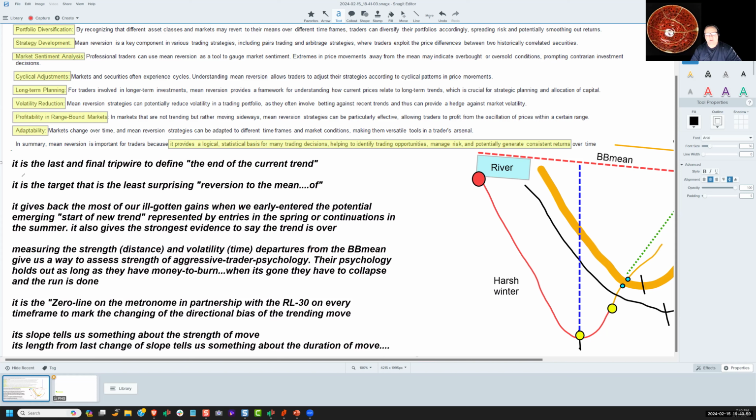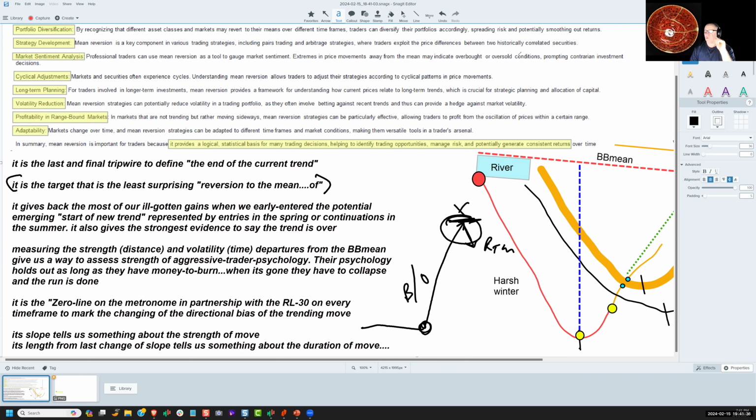Now, the next idea is that the Bollinger Band mean is also the target that is the least surprising move. So if we had price moving along here in the middle of the river, and then there was some kind of trending behavior, and it went up as far as it could go, and now it starts to revert, we're going to use some kind of definition to say how much it has to revert before we think that what we have now is not a breakout, but reversion to the mean.